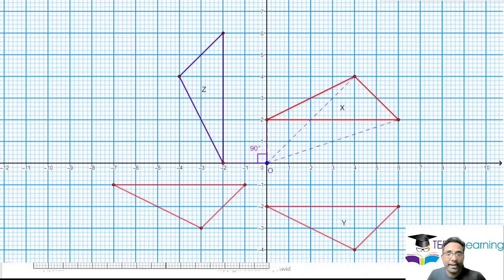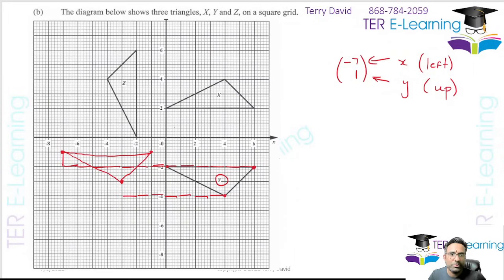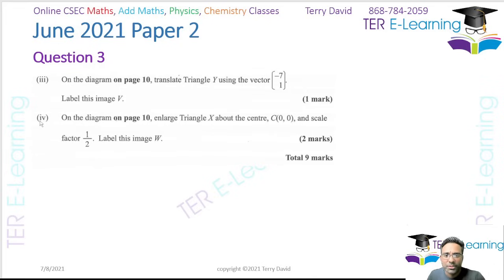That's where my new triangle is going to be after a translation. Let's take this off here now. So that's how we do a translation. Now, what else do we have to do here? I think we have a next part.